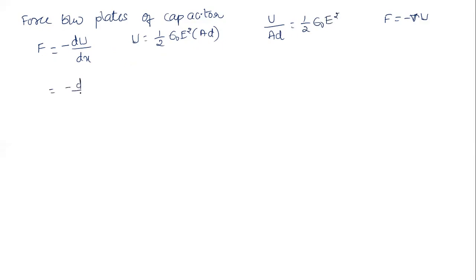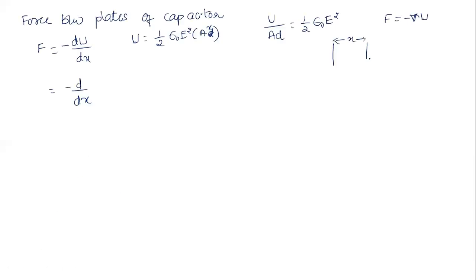Then minus d by dx. I'll take the distance between the plates as x, instead of d. So now it will become half epsilon naught E square A into x. Now differentiate.